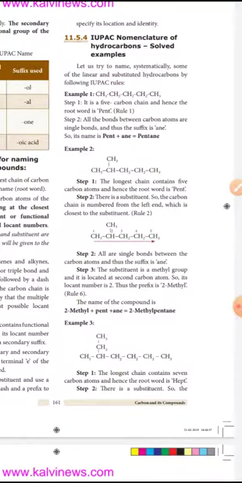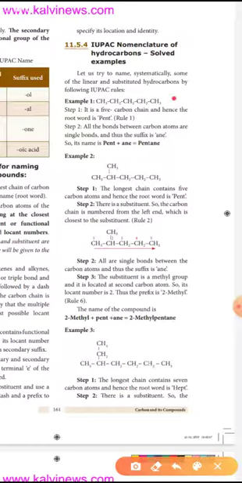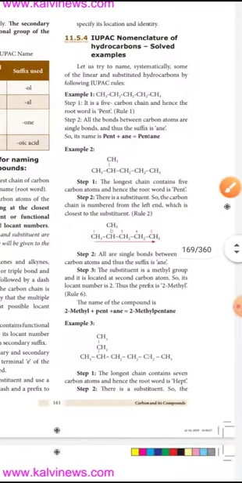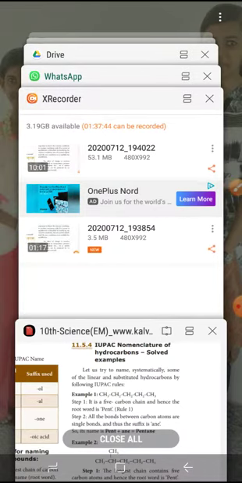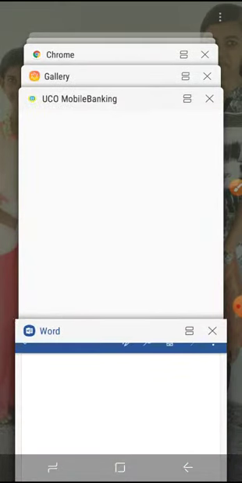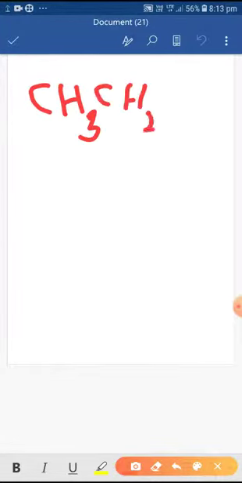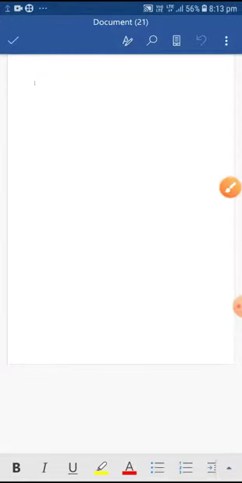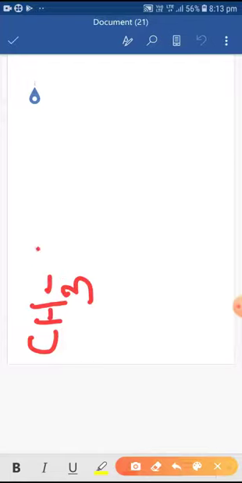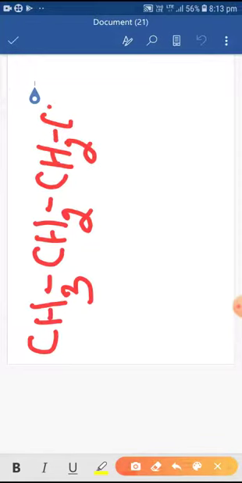So, see the first example. CH3, CH2, CH2, CH2, CH3, with single bonds between them.